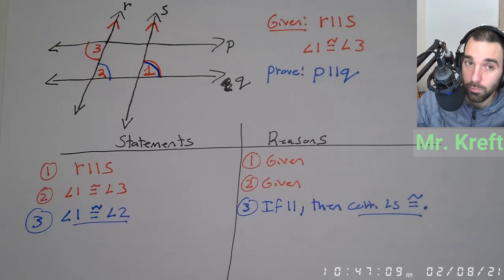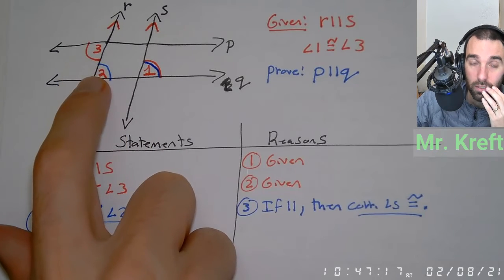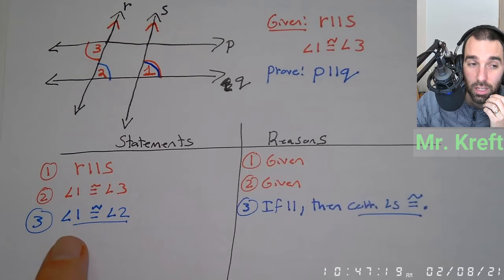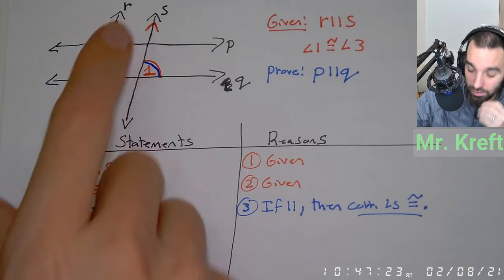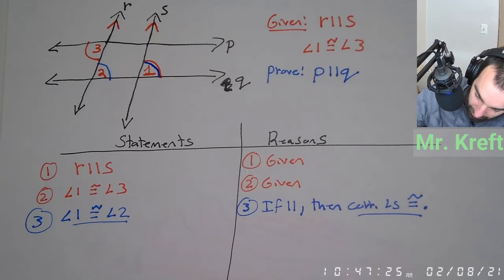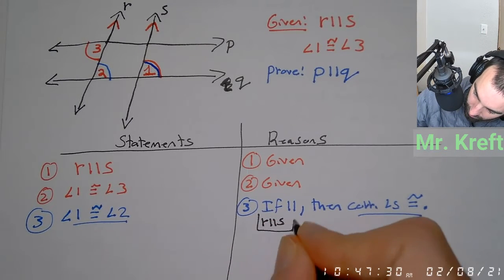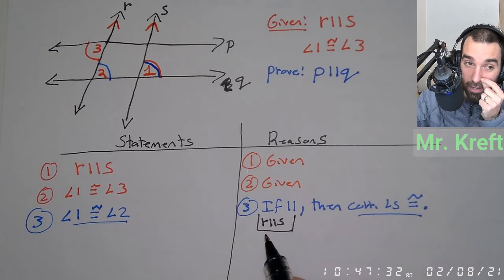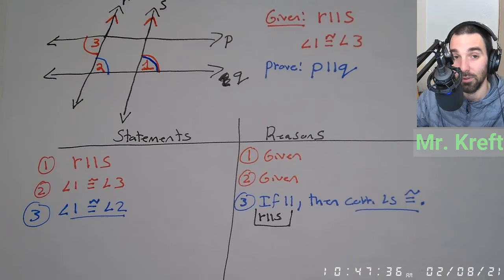Okay. So again, if you're confused, please say something now so I don't go on and confuse you more. Okay. So what I'm saying here is I want angle 3 and angle 2 to be the same, but I know angle 1 and 2 are the same because these lines, R and S, are parallel, right? And maybe I can write that underneath it. Right? So if parallel lines, and we have R parallel to S, then corresponding angles are congruent.